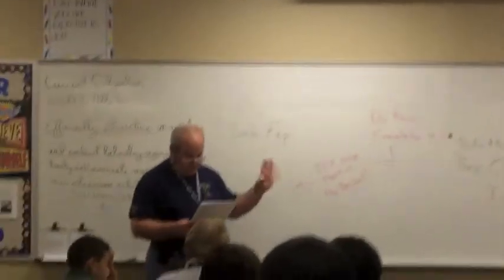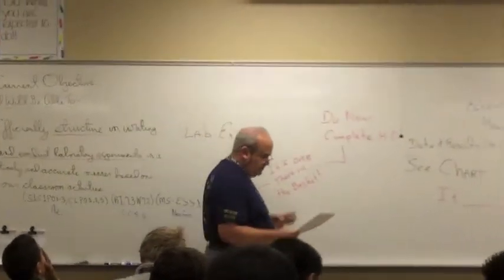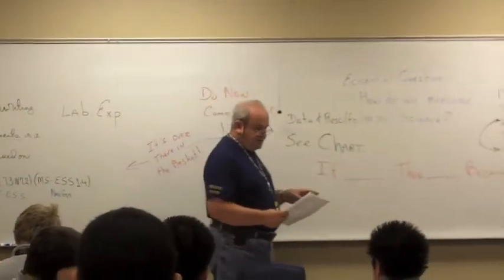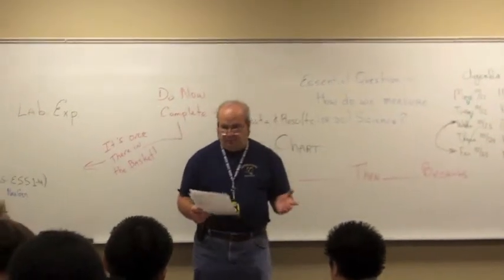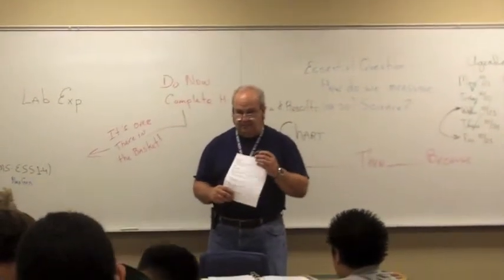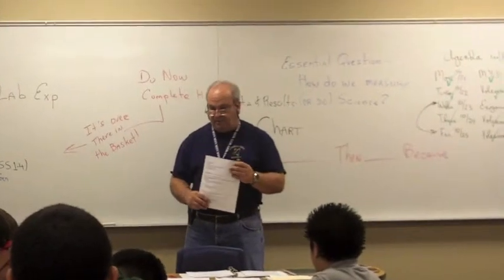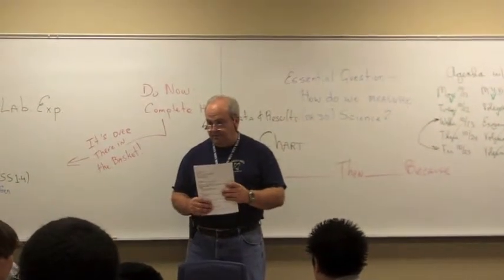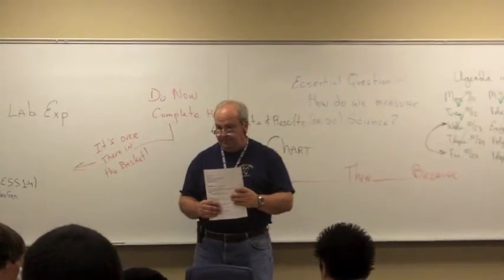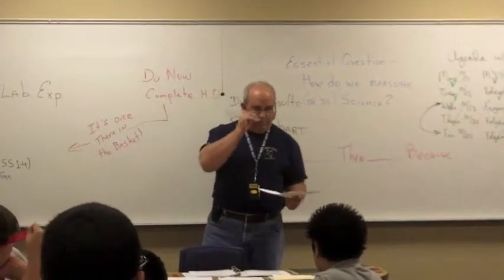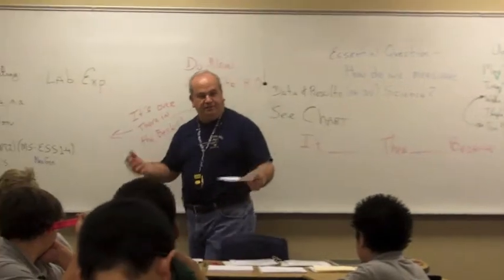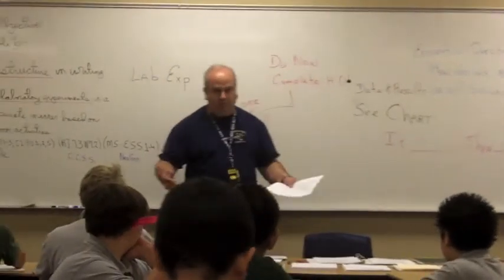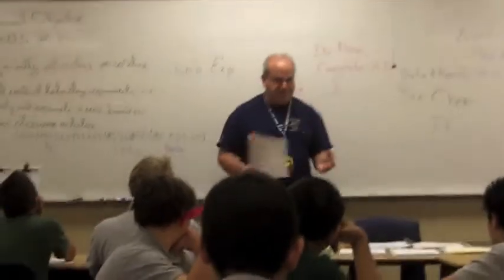Okay, now some people had a little confusion between the what and the design. What do we mean by design? What's the design of the experiment? How you do the experiment. Yeah, how we're actually going to do it, how we're physically going to perform the experiment, the instructions.